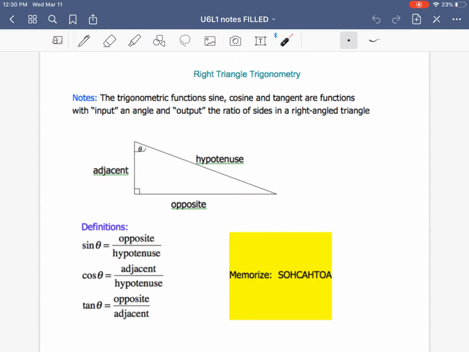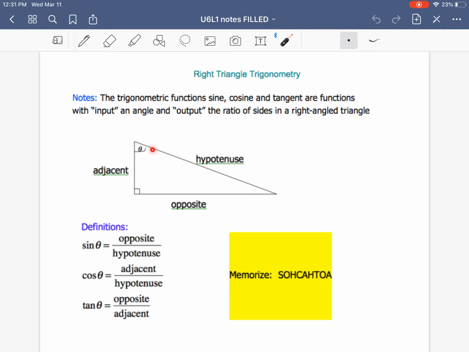So if we have a right triangle, then we basically have two angles that are not 90 degrees. We're going to pick one of them. In this picture, it's this top left one. Relative to this angle, there are three sides. There's the opposite side, across from that angle.